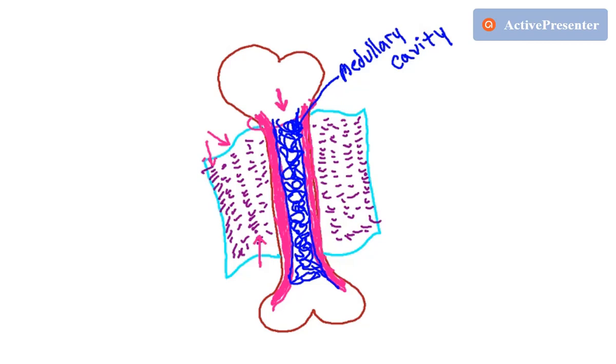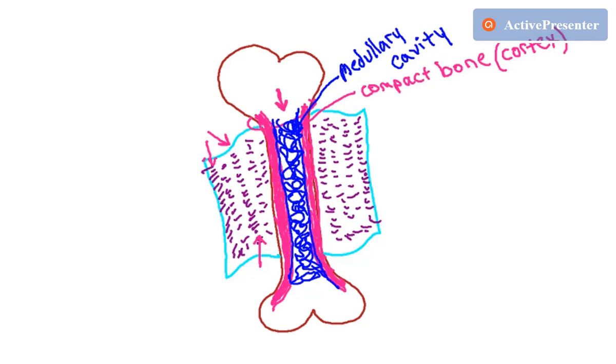And I'll label this just so we don't forget. This is compact bone on the outside. Or you might also hear about it as the cortex of the bone. But the inside is the medullary cavity.